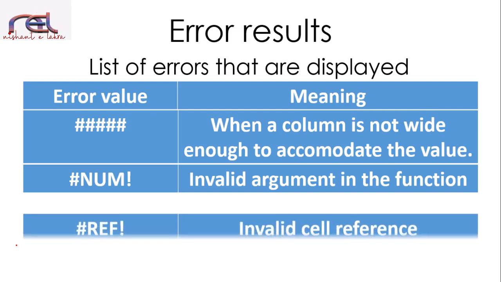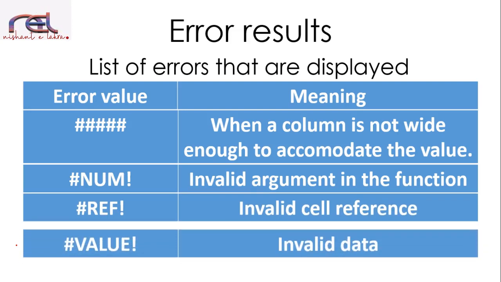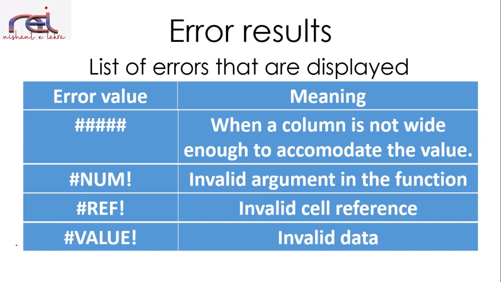The next is #REF!, or reference, invalid cell reference. Then #VALUE!, invalid data. So these are some of the errors that are displayed in Excel. I hope you understand this. Learn this and keep this in your mind.